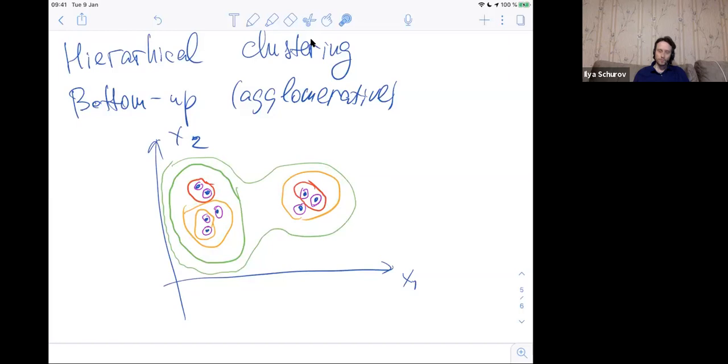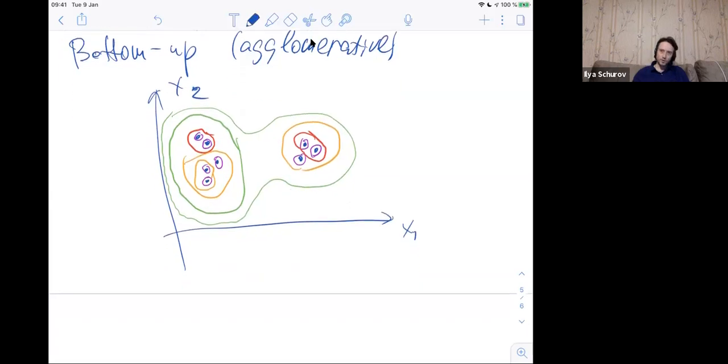And so on. Actually, you can define how many clusters you want, or you can define the distance that you're interested in and get this clustering. Also, it provides information about which clusters are united to which.